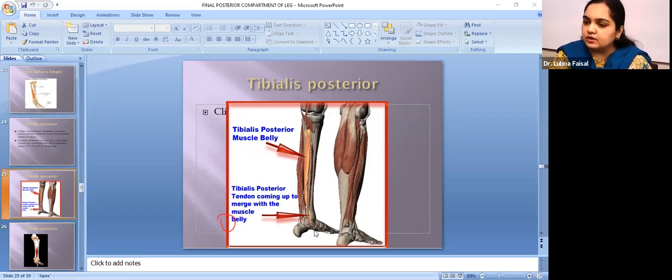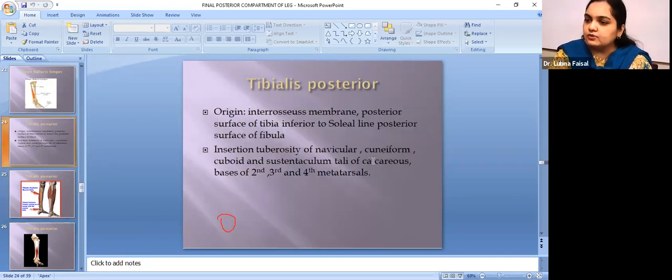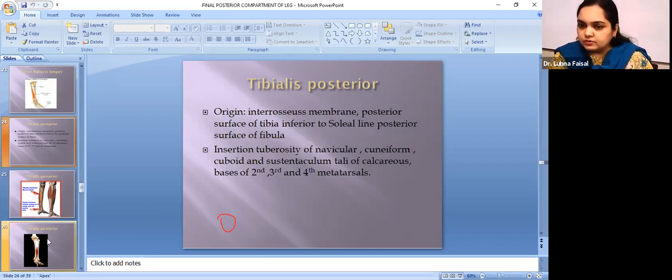Tuberosity of the navicular, cuneiform, cuboid, and the calcaneum also. The tibialis posterior inserts into more than one bone, so many foot bones are involved.